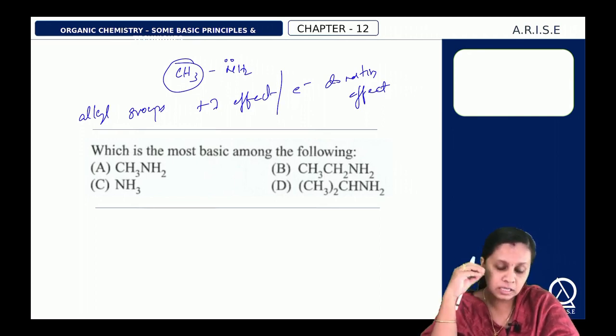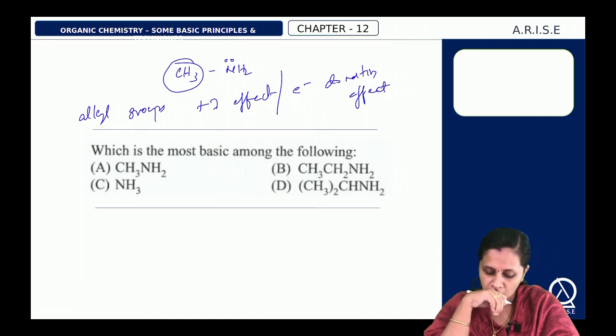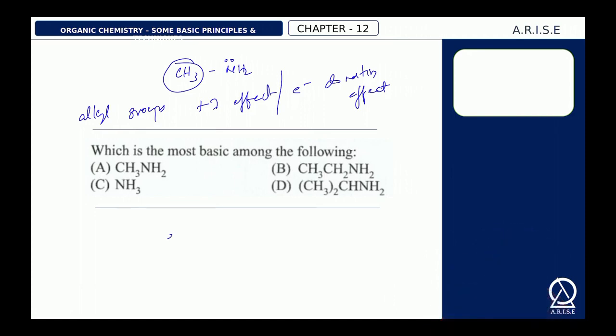Then you have to consider CH3NH2, CH3CH2NH2 and (CH3)2CHNH2. Which of them is more basic? We know the electron donating effect of primary, secondary and tertiary groups: the tertiary group has the greater electron donating effect, then comes the secondary group, then the primary group.